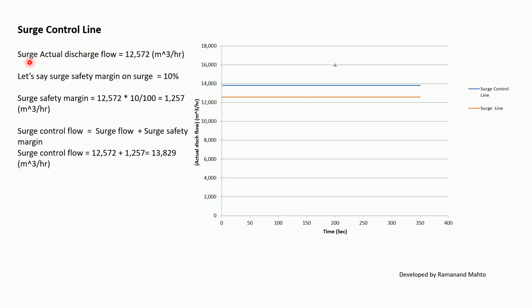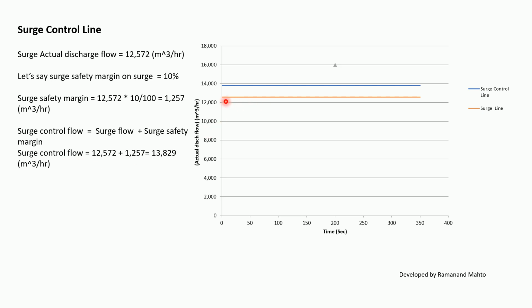Surge control line. Surge actual discharge flow is 12,572 meter cube per hour. Let's say the surge safety margin is 10%. So the surge safety margin will be 12,572 into 10 upon 100, which is 1,257 meter cube. Surge control flow will be surge flow plus surge safety margin, so 12,572 plus 1,257 is equal to 13,829 meter cube per hour.